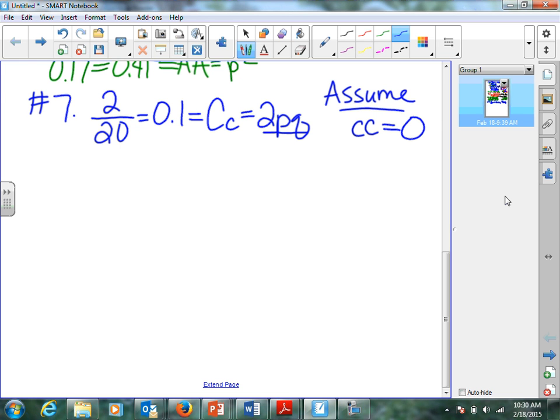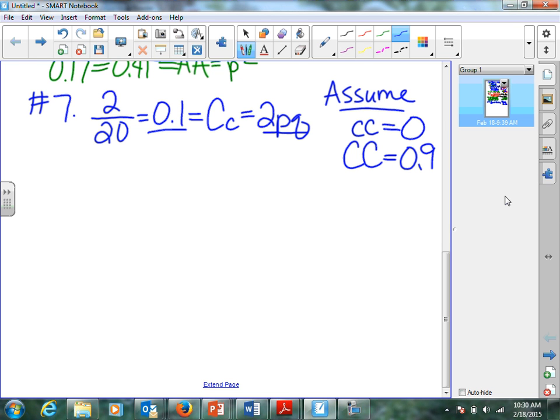And if we assume that, then we can assume that homozygous dominant makes up 0.9 of our population because heterozygous made up 0.1. And so this is kind of the key assumption that you have to use to go into this problem.